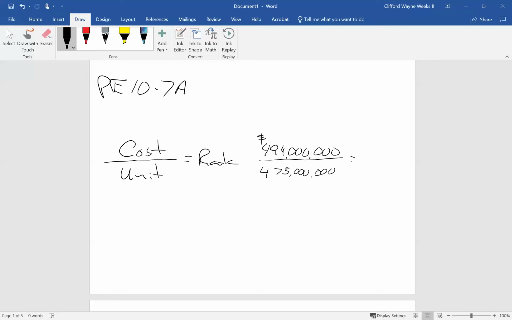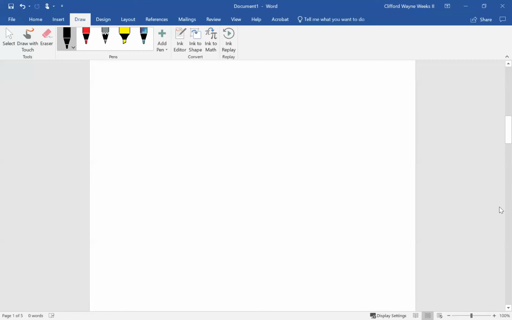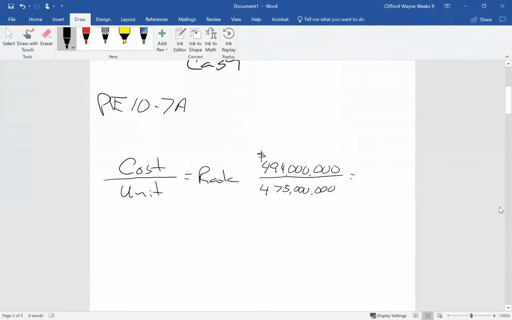Let me grab my calculator. We find out that we're going to pull out $1.04 per ton. So that's the cost, as an estimate per ton, when we purchase this stuff. So this is an estimate.